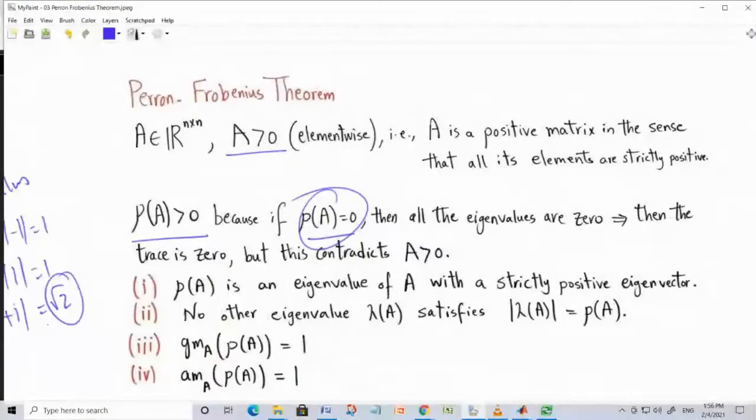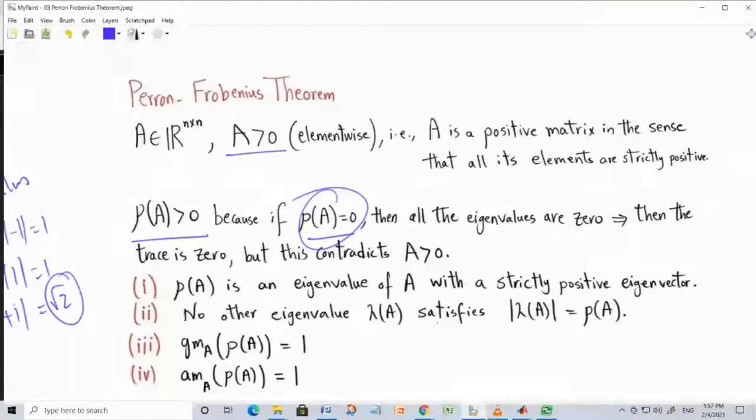For positive matrices, we will prove that the spectral radius is an eigenvalue. Not only this, you can write down the associated eigenvector as a vector whose components are strictly positive.